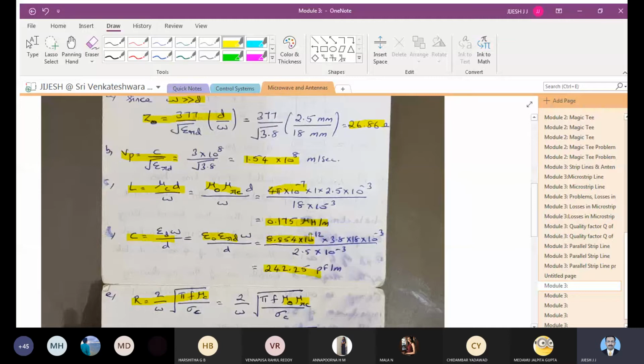So what are you getting? What is the value of R?